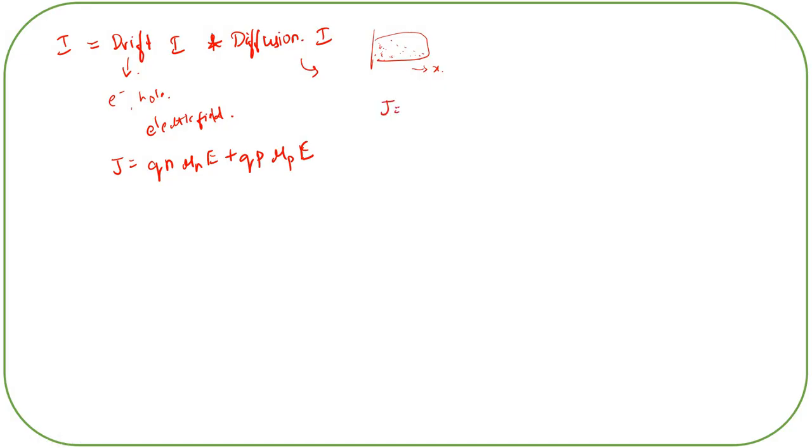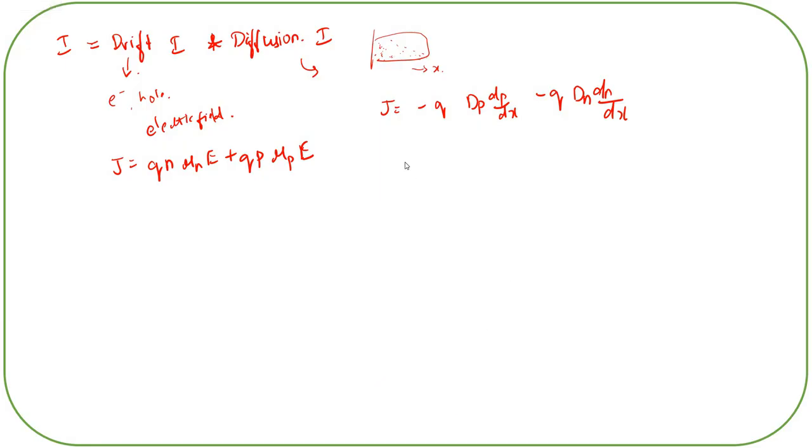J is written as J equals minus q Dp dp by dx minus q Dn dn by dx, where q is the charge of the electron and hole, Dp and Dn are diffusion constants, and dp by dx is the concentration gradient. As x increases, the concentration reduces, so there is a negative sign in both terms of the diffusion current equation.